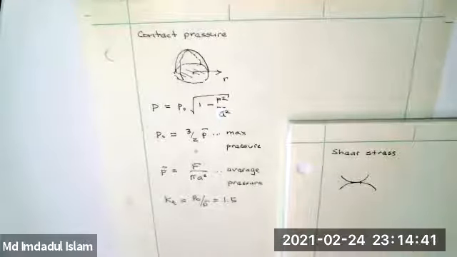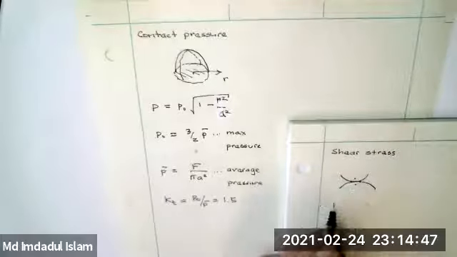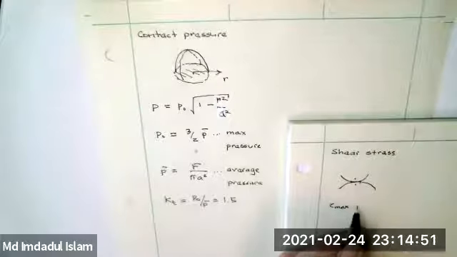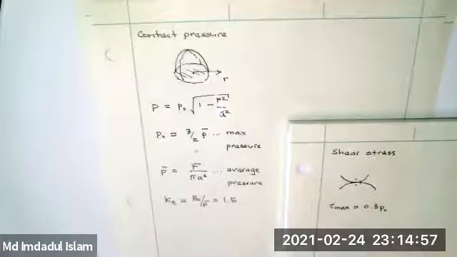Then the maximum shear stress, again in round figures, is 30% of P naught. I've given you 30% for both of these. They depend a little bit on Poisson's ratio, but to first order this is fairly close. It's at a depth of A upon 2.